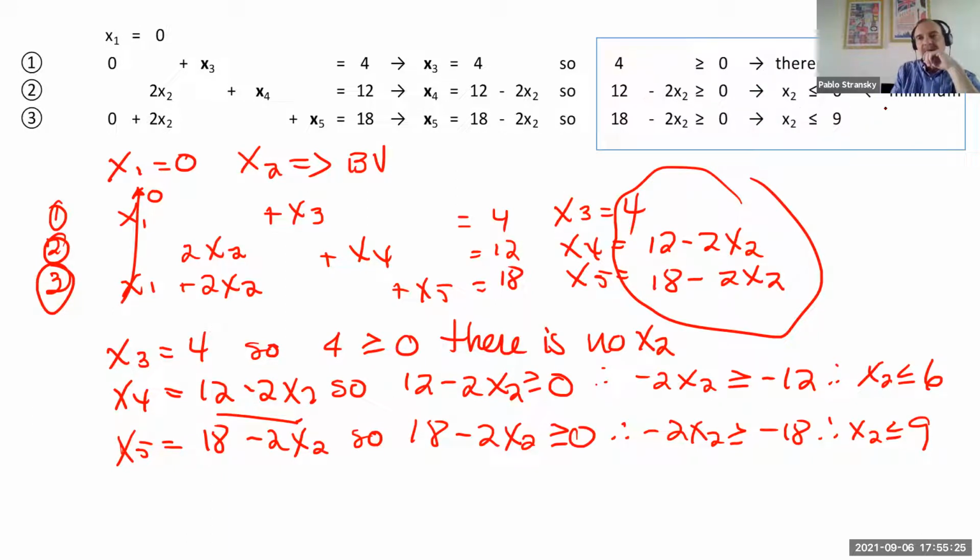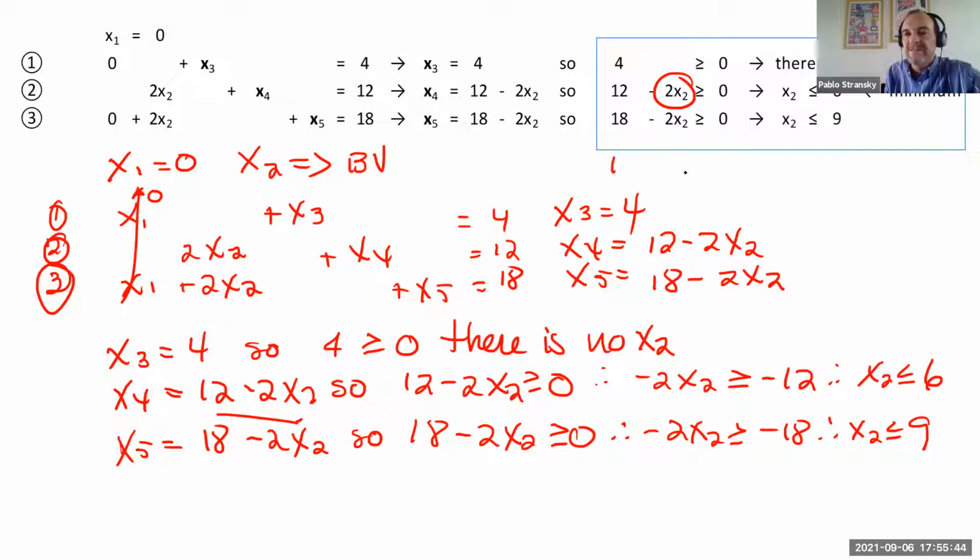Now, here I'm going to be choosing always my minimum value, okay? In this case, it's 6. Why the minimum value? I'm going to apply the 6 in this formula. It says 12 minus 2 times 6 is greater or equal to 0. And that's true because 12 minus 12 is 0.